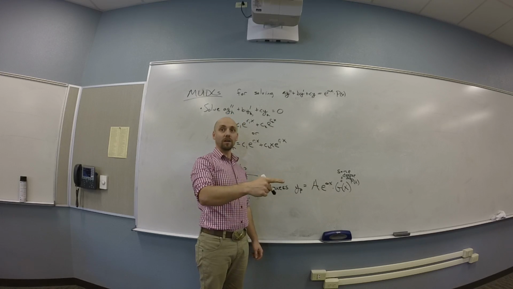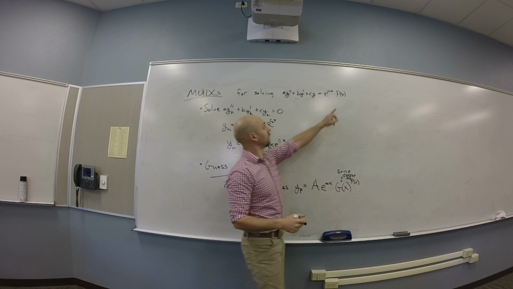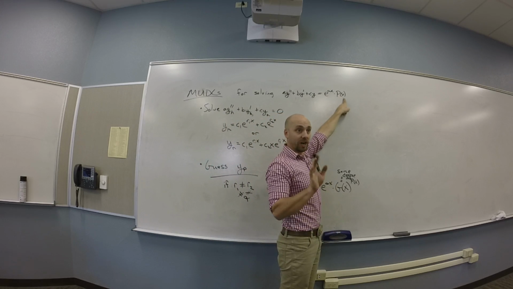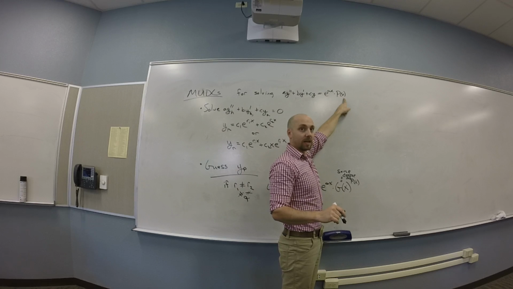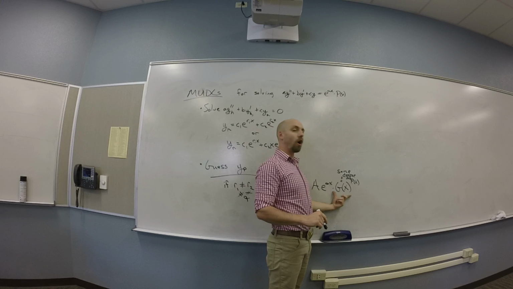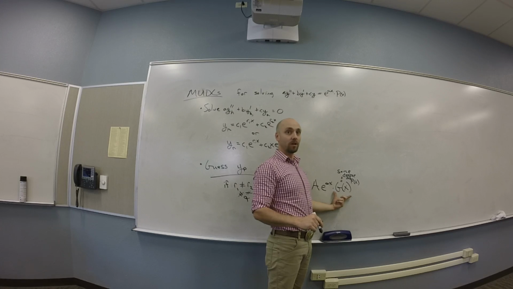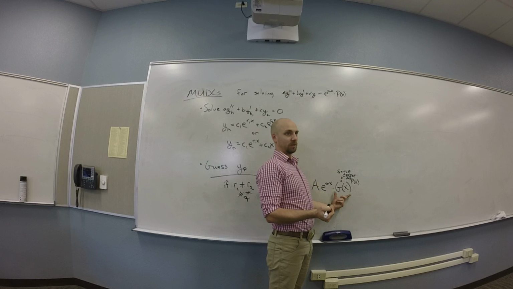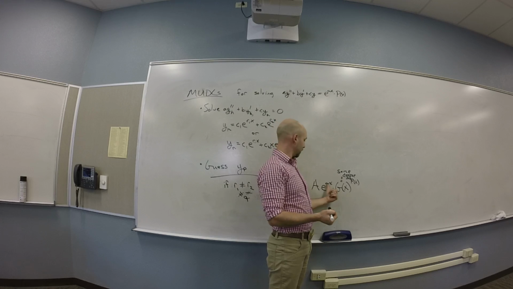For example, if P of x is just an x, you'd guess e to the alpha x times an arbitrary first degree polynomial. Please note, I seem to have an extra constant. What were the conditions?